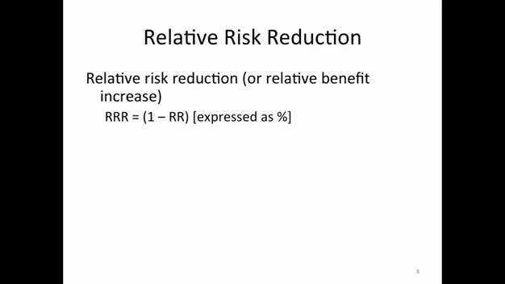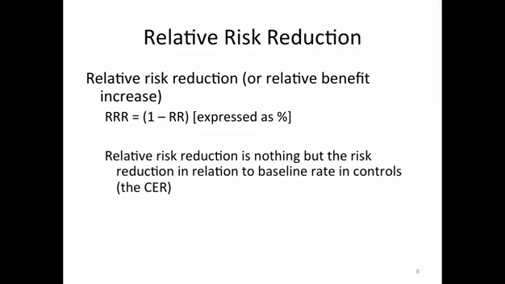Another measure we can derive from RCT outcomes is relative risk reduction, RRR. Relative risk reduction, also known as relative benefit increase, is given by 1 minus RR. It is generally expressed as a percentage. Relative risk reduction is nothing but the risk reduction in relation to the baseline risk rate in controls.